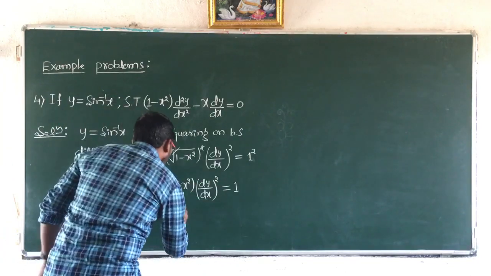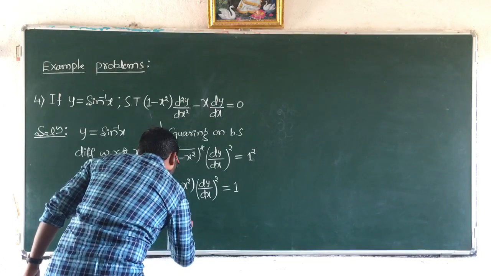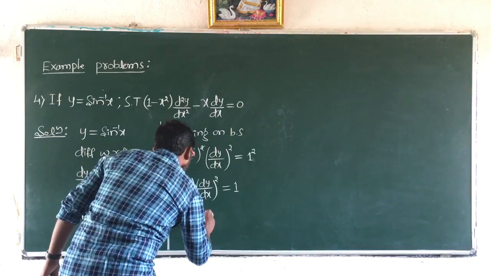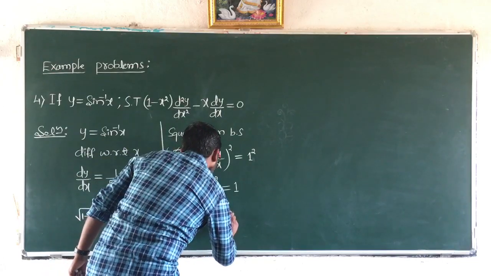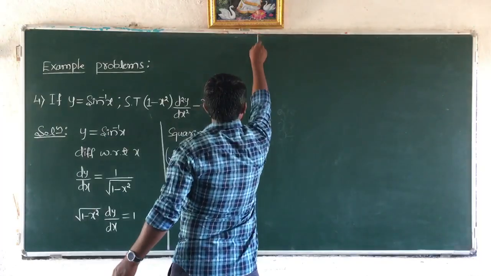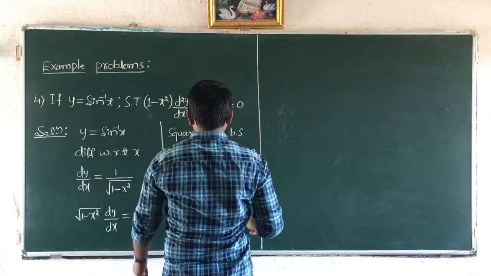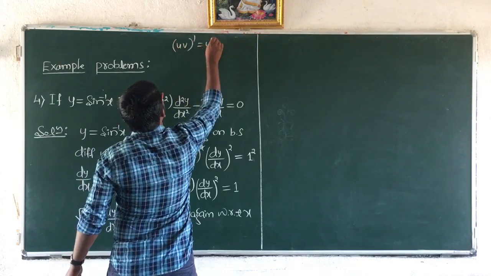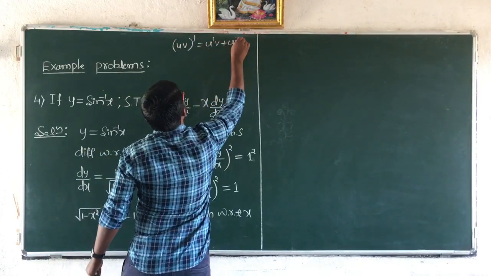So differentiate again with respect to x. So now what do we get? See here. So we know the formula, uv the whole dash, which is equal to u dash v plus u v dash.